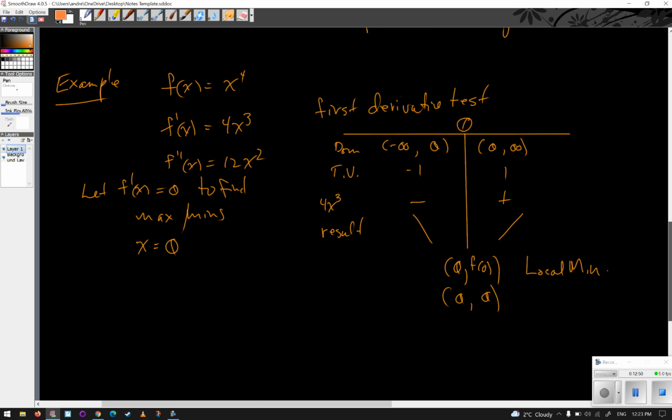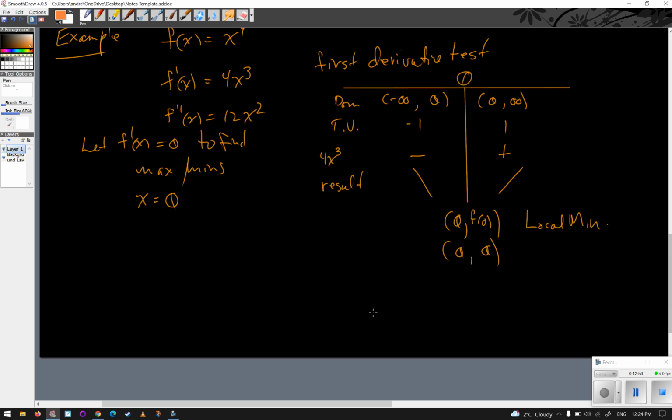Right, and so then let's look at our second derivative test. I can pop back up to the top of the page here, or maybe we'll just try and squeeze it in here. So for the second derivative test, we're going to let f double prime at x equals 0 to find criticals, or really what they are, in general here we're looking for eligible POIs, right?